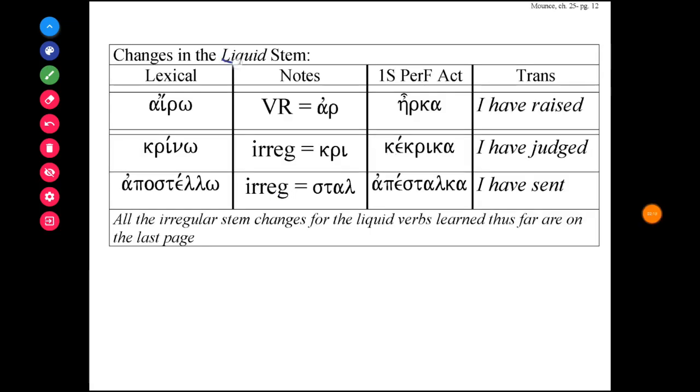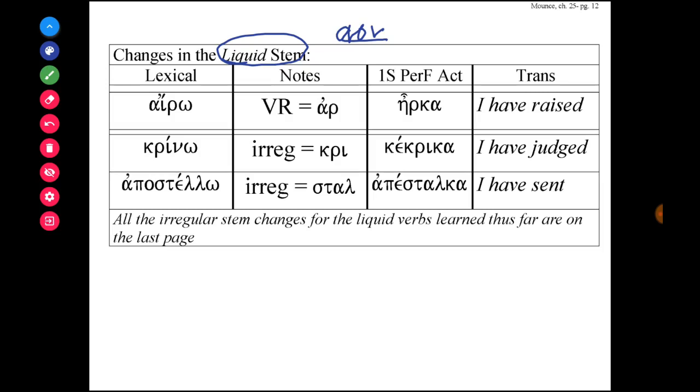The next set of rules have to do with liquid verbs. And like the aorist tense, liquid verbs tend to have a slight stem change when they form their perfect forms, and those stem changes are often not predictable, and therefore you have to memorize it as part of your vocabulary.